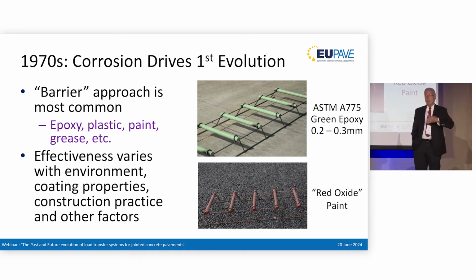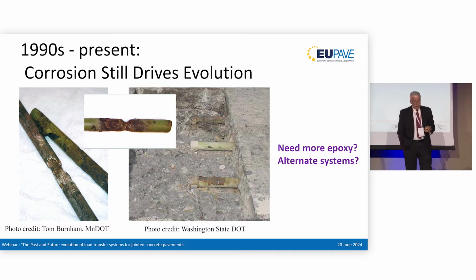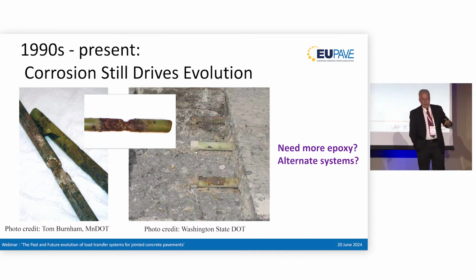But epoxy, plastic, coatings, paint, grease, the degree to which they would provide effective corrosion protection depended on the environment and how well coated the bars are, because as soon as you would have a gap in the coating, obviously you have a site then for corrosion to initiate, and it would then cause problems. So here we are today in the 1990s to the present, and corrosion is continuing to drive evolution.